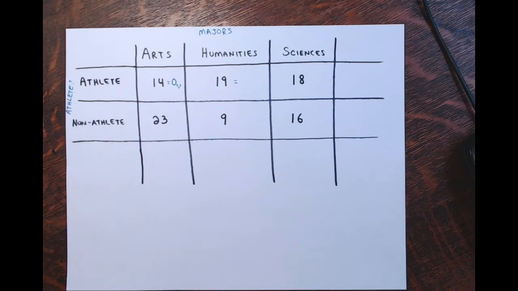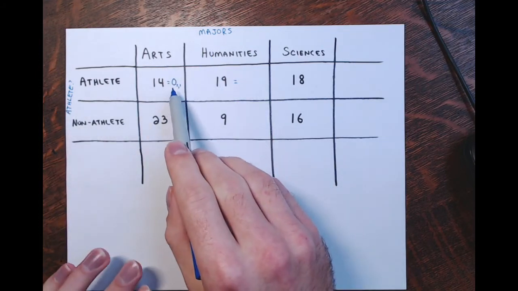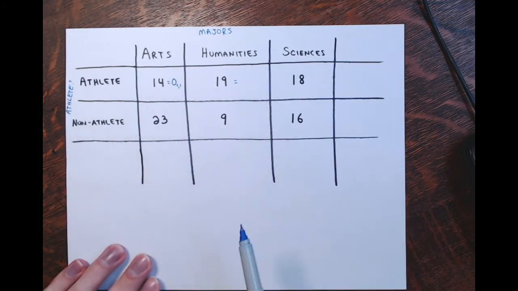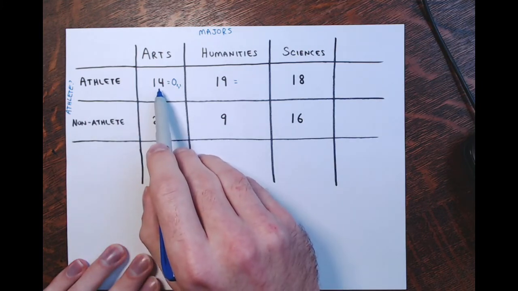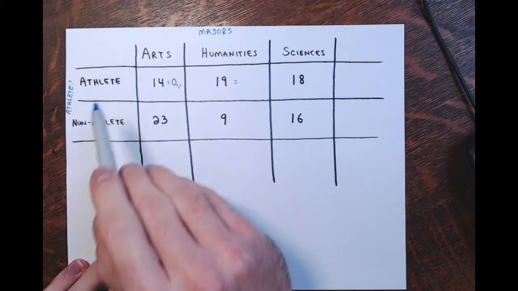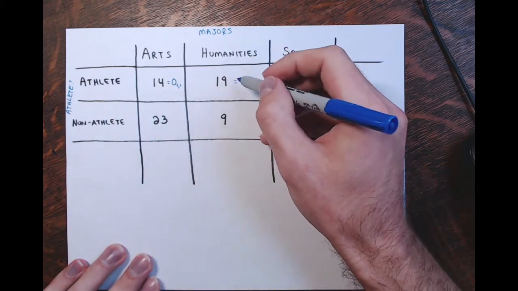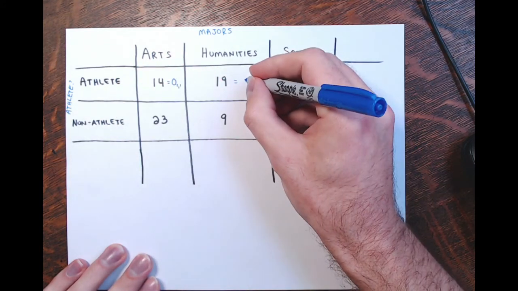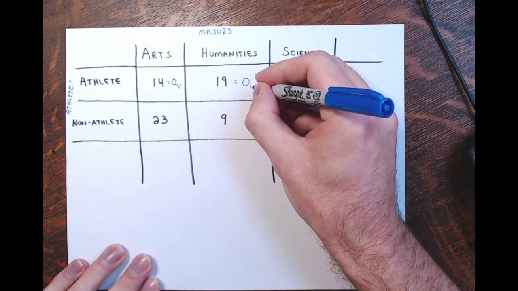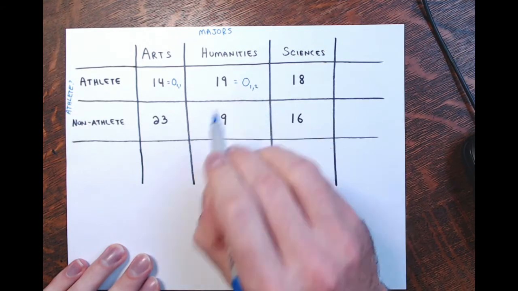Okay. So again, this is all the observed data, what they actually observed in this survey. 14 of the students they surveyed majored in the arts and also were athletes. 19 students majored in humanities and were athletes, and I'm going to call this O12, because it's in the first row, second column.